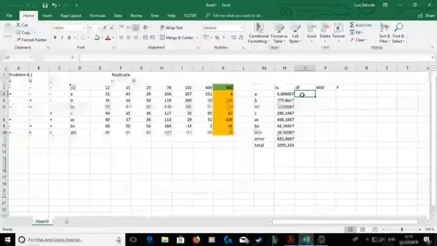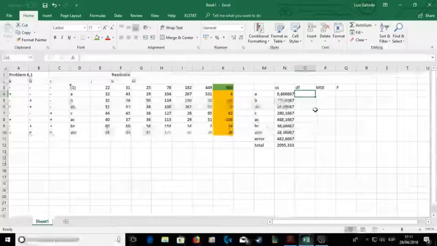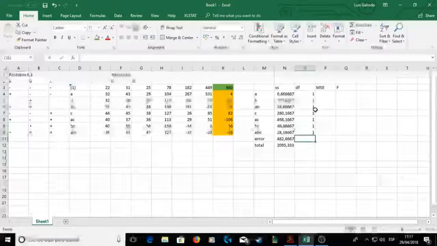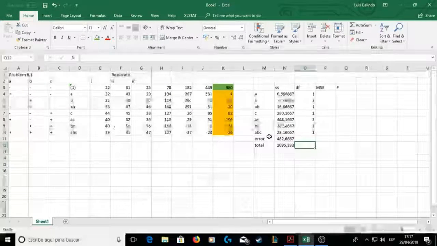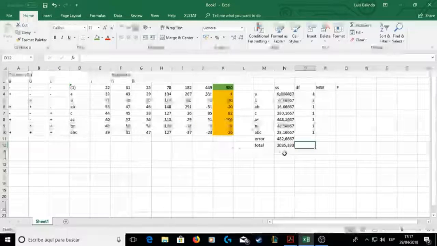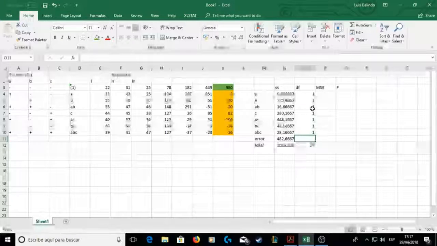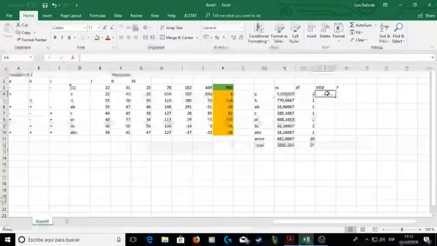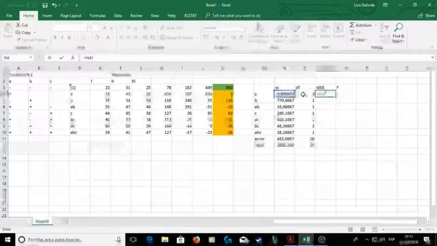Degrees of freedom. We have 1, 1, 1, 1, 1, 1, 1. Here we have 23 degrees of freedom, and here we have 16 degrees of freedom. MSE is equal to this over this.